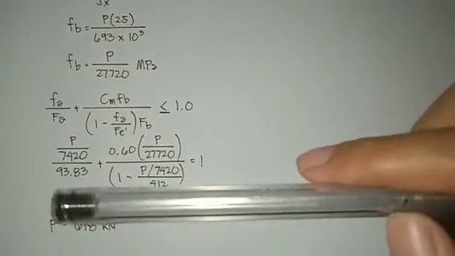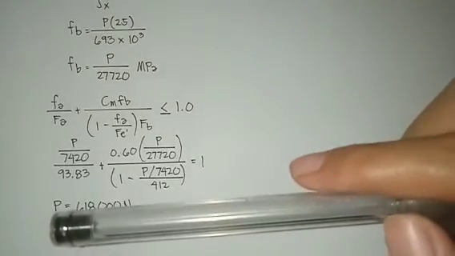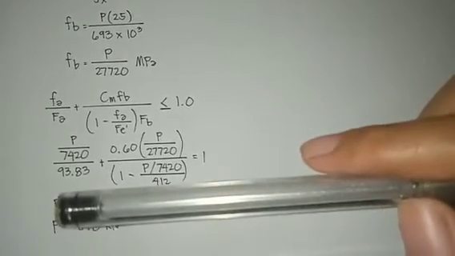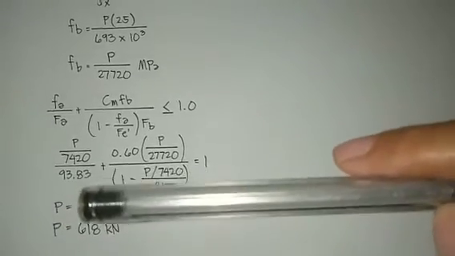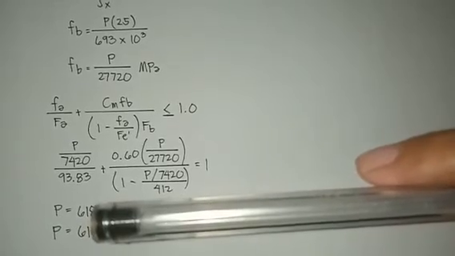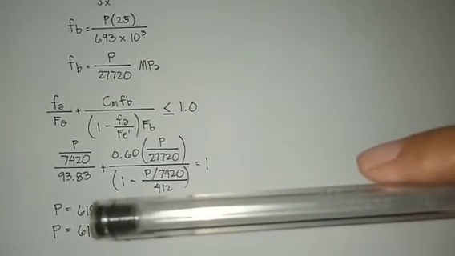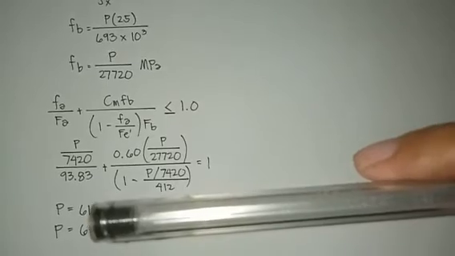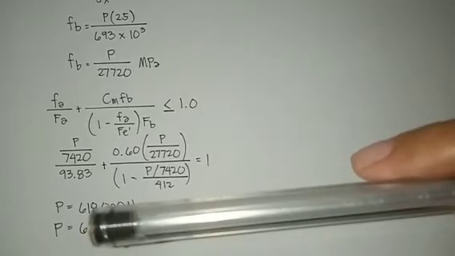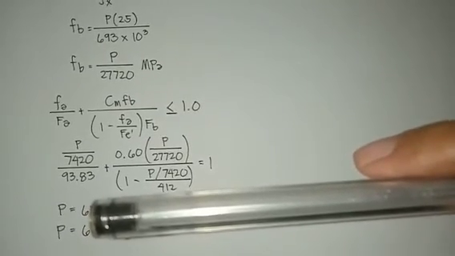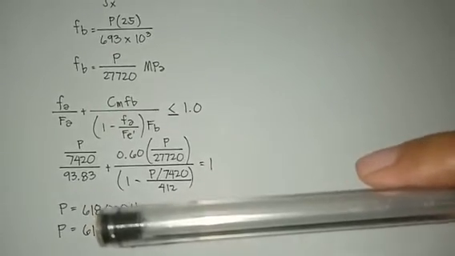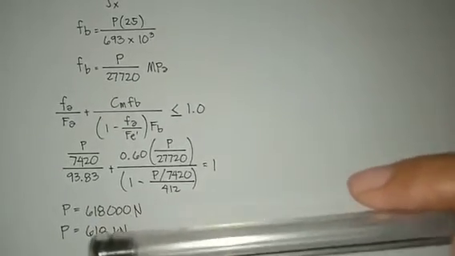So, atong fa kay P over 7,420 all over 93.83 plus atong Cm is 0.60 and atong fb is P over 27,720 over the quantity of 1 minus kaning P over 7,420 over 412 is equal to 1.